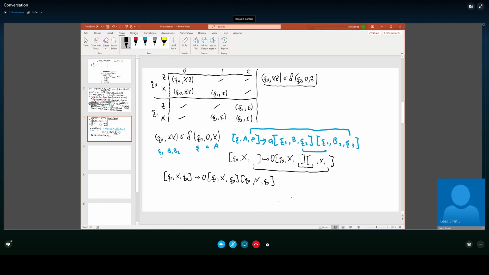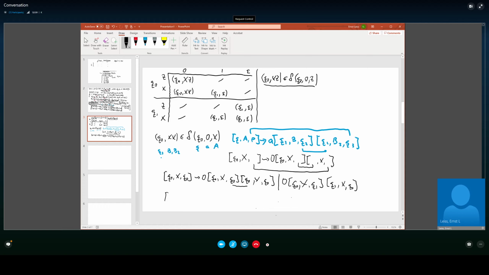So that means I'm replacing these two by Q0, or I'm replacing them by 1, Q1, Q0. This is X, Q1, Q1, X, Q0. This is, of course, this Q0.